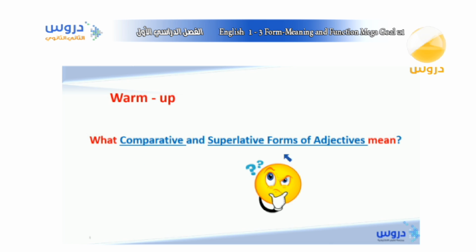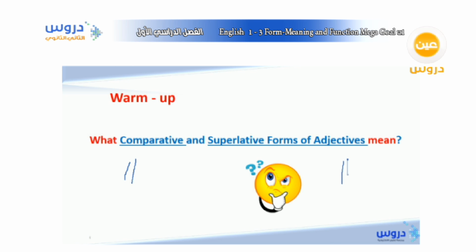What do comparative and superlative forms of adjectives mean? What's the meaning of comparative and superlative forms? Okay. Comparative is between two things. For example, this line, and this is another line.